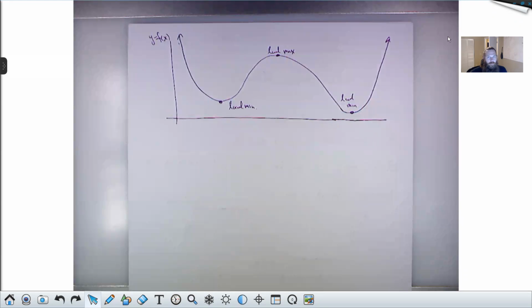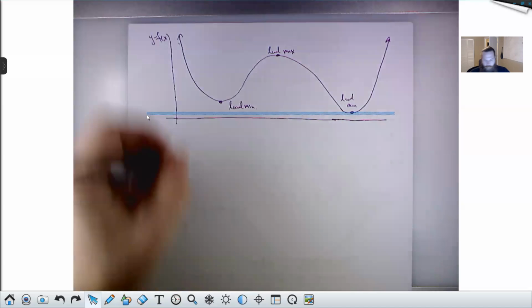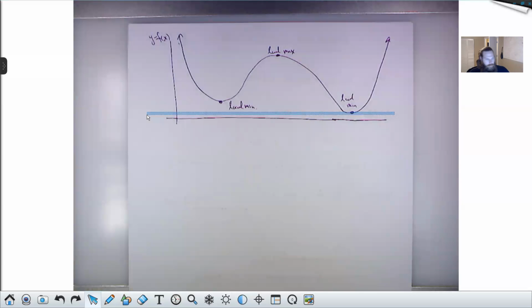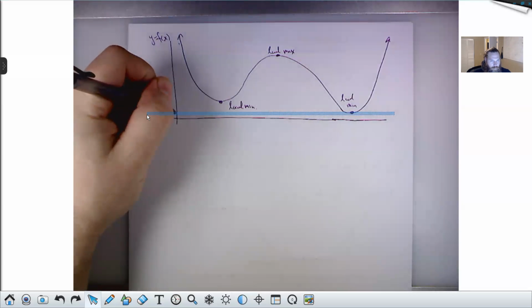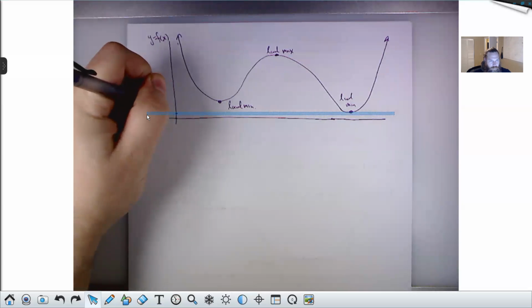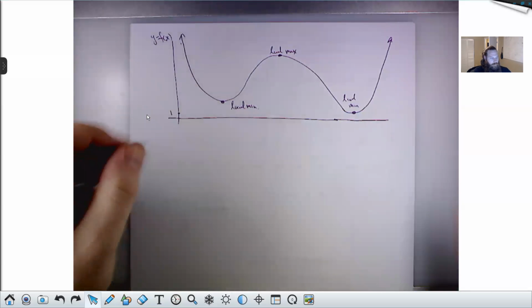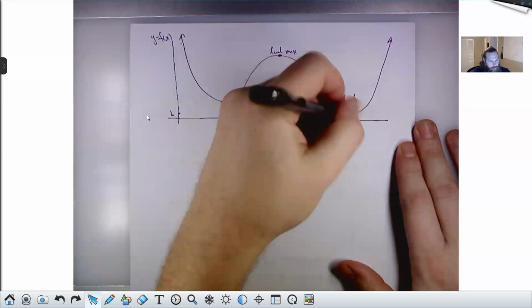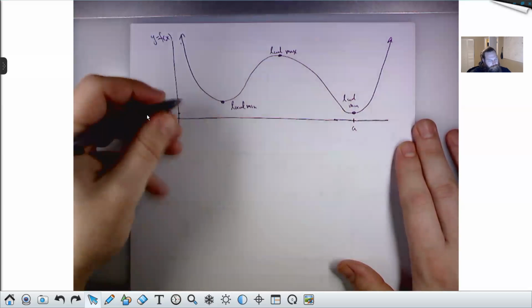It goes up on the left, it goes up on the right, and nowhere does the graph ever attain a value smaller than the y value here. So let's give this y value a name. We call this L, and let me call this A.